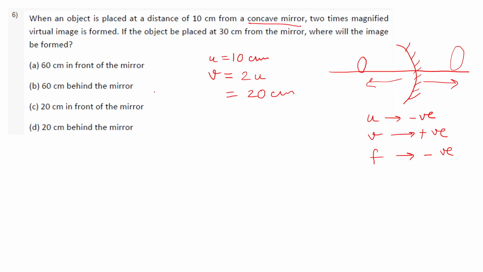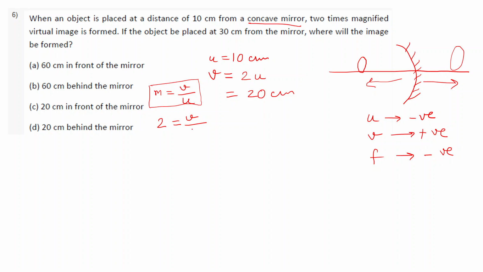Again I'm using the same logic: magnification is the ratio of image distance to object distance, right? So magnification is 2 times. The heights h prime and h we don't know, but we know the image distance. We are talking about image distance and object distance, and magnification is also the ratio of these. So we are using that concept to find out.